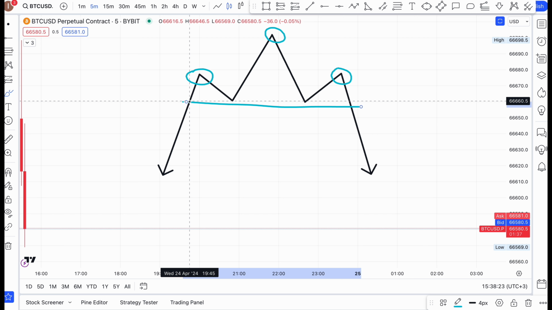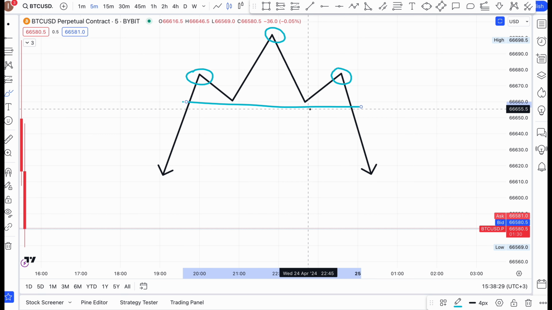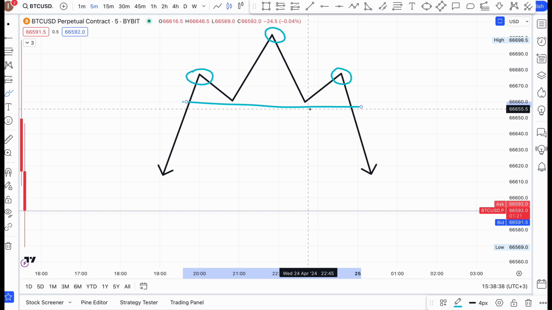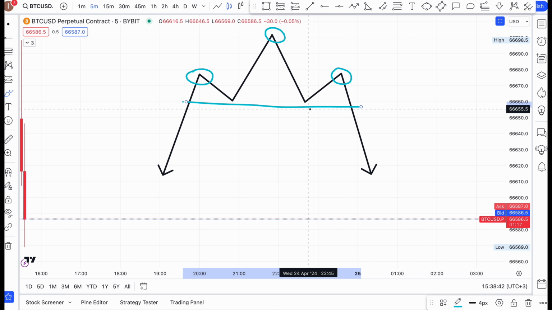So now, this pattern signifies an existing uptrend, and also signifies that the uptrend wants to come to an end. Don't worry, I will show you this on a live chart within some minutes.